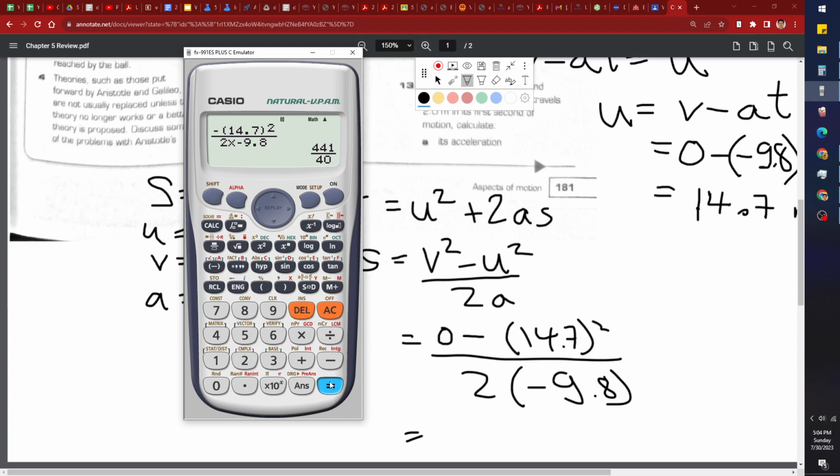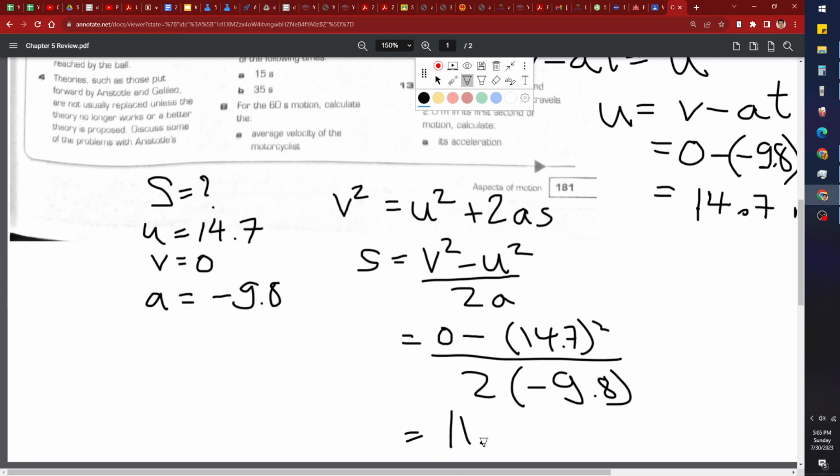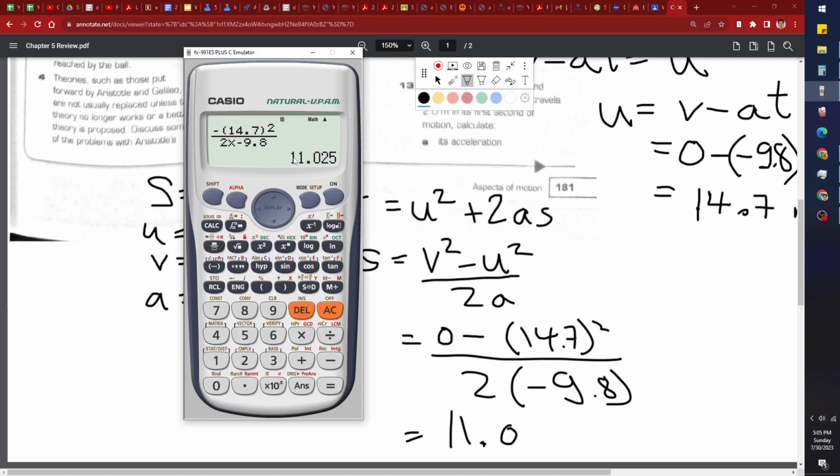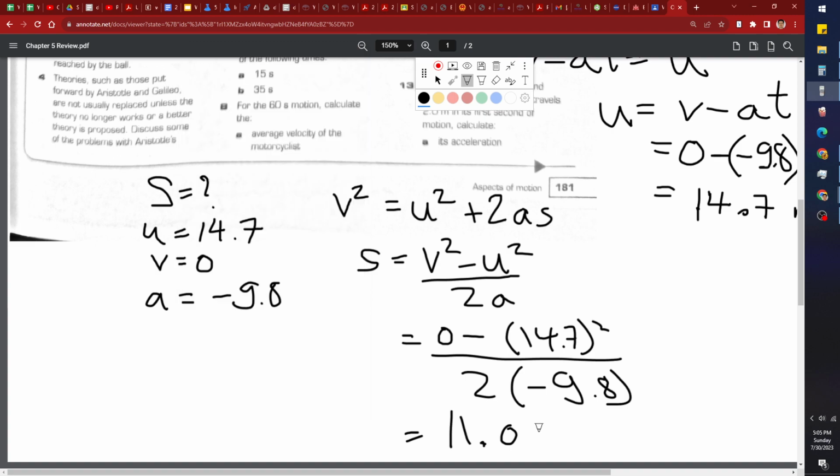Okay, and it should come to a positive answer. Good, because negative divided by negative, and we get 11.0. Okay, so the way you round that is 1, 2, 3, and then there's a 2 there, so that's 11.0 meters. Okay, so there's number 3.